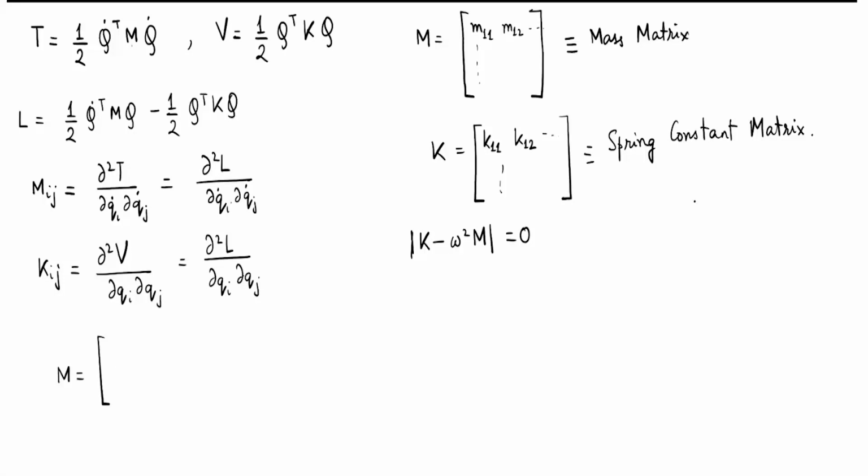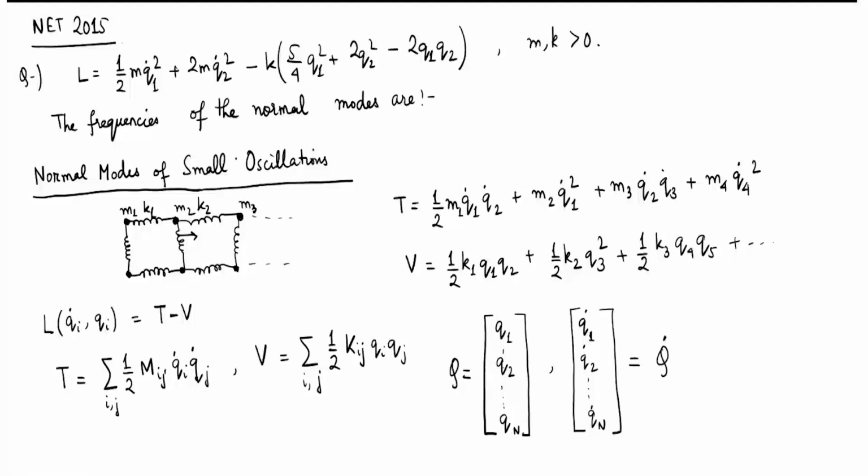So del 2T, this is del 2L, del Q1 dot, del Q2 dot. The first one is del 2L, del Q1 dot square. What is that? This is just M.